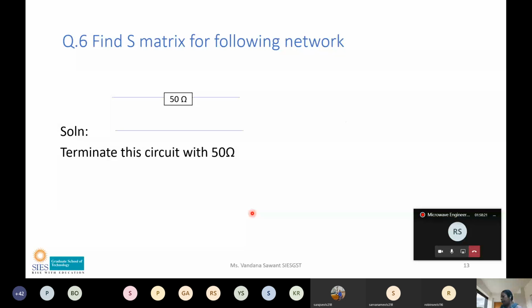So V2 is equal to V1 divided by 2. Then you have to replace V1 with V1 plus and V1 minus. Then divide each and every term by V1 plus. So that will become 1 plus S11. If you are writing V1 plus and V1 minus, that will become V1 plus V1 minus whole divided by 2 is equal to V2 minus.